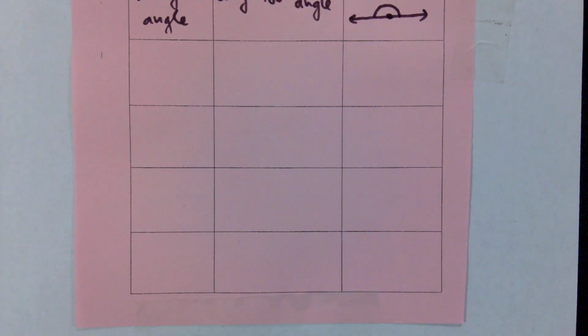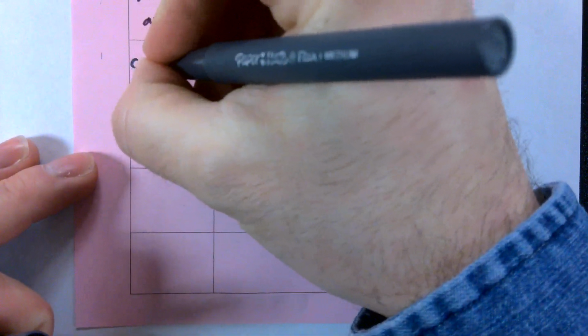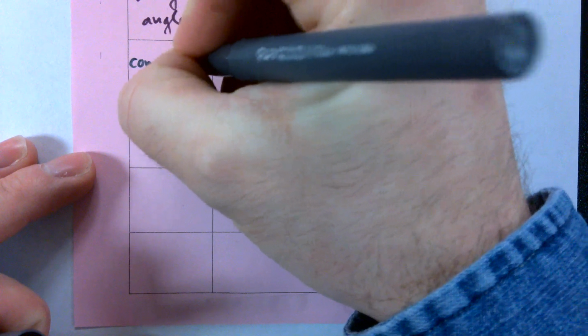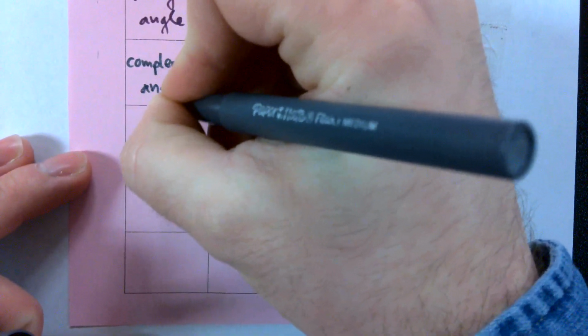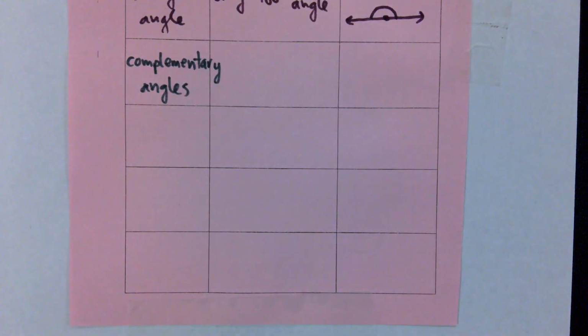Now let's move on to some angle relationships, just like we saw in that booklet. The first one we're going to talk about is complementary angles. Anyone remember what a complementary pair of angles is?